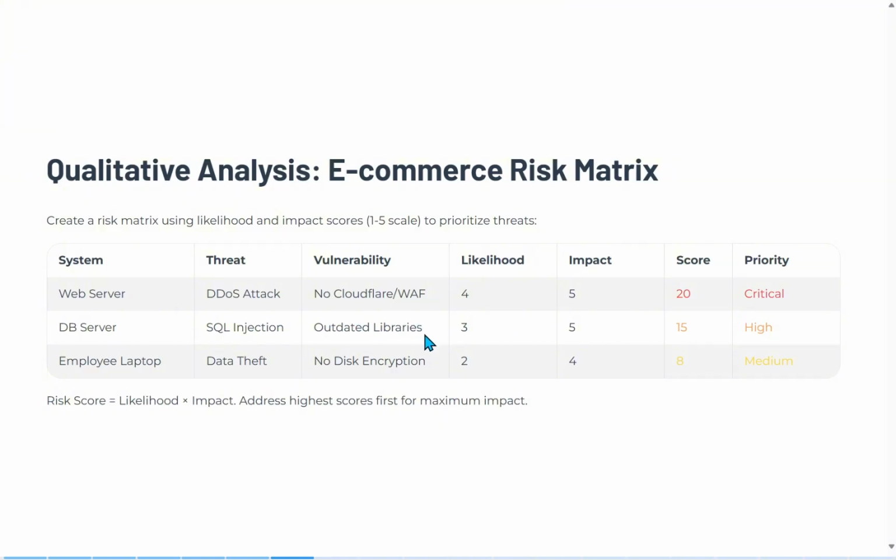So the likelihood of this actually happening is 3, while the impact is still high, which is 5. So if they gain access to the database, they are going to get information from the database, like credit card, personal information, and personal health information if it is a healthcare.